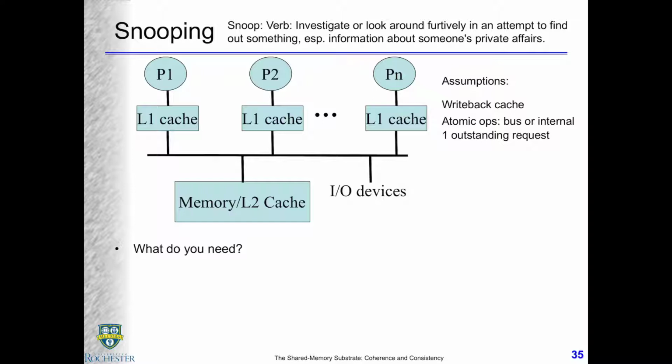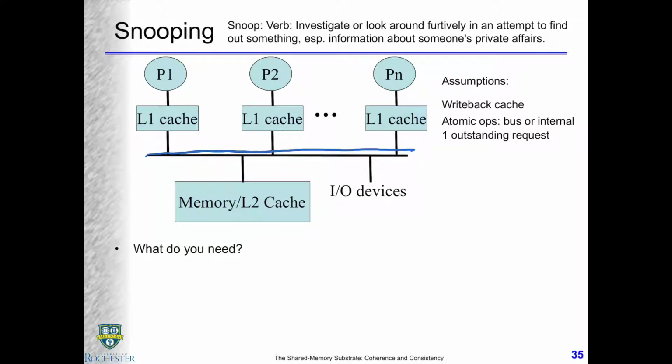Well, why don't you think about this? And here are the assumptions. We start with something very simple. Okay, it's a write-back cache. We know those are typically more efficient than a write-through cache. And we start with a bus-based system. Okay, so this is a bus. Everybody is connected to the same bus.